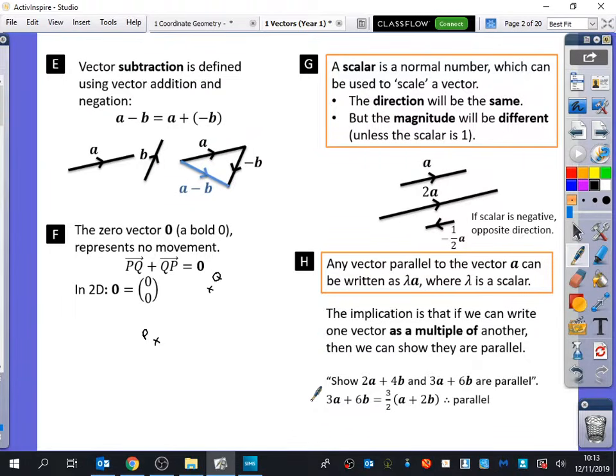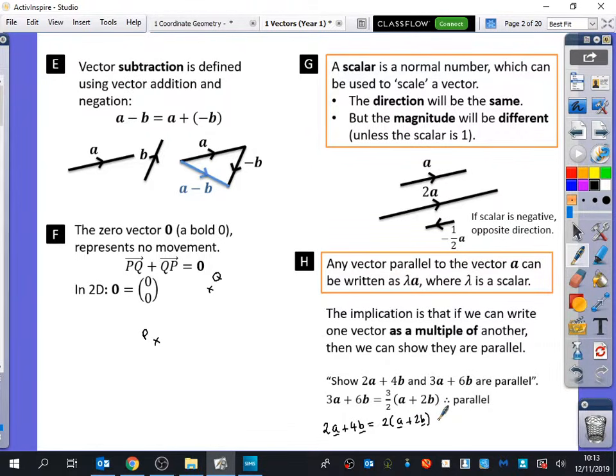So for example, if there was a question that said, show that 2a plus 4b and 3a plus 6b are parallel, well, we could say that 3a plus 6b is 3 over 2 times a plus 2b, which means it's parallel because 2a plus 4b is 2 lots of a plus 2b.